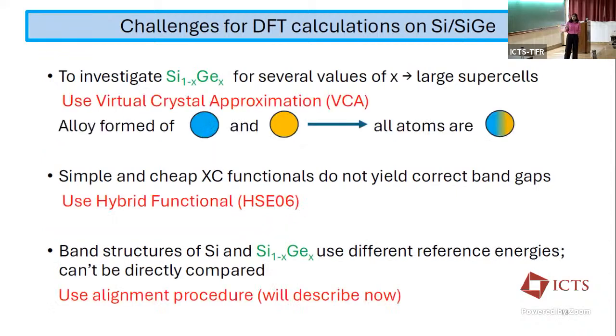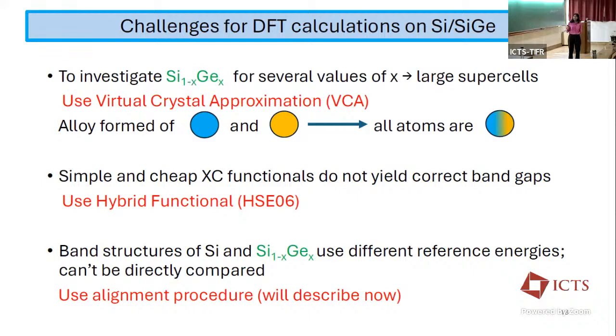So what are the solutions? In the first one, we have used the virtual crystal approximation, where we have a new species made up of, let's say you have an alloy made of this atom and this atom, you replace the system by atoms which are a combination of these two in the certain fractions in which you want to do the calculations.